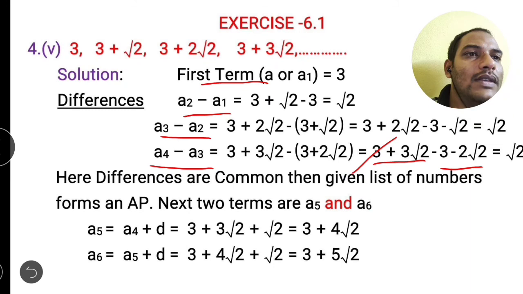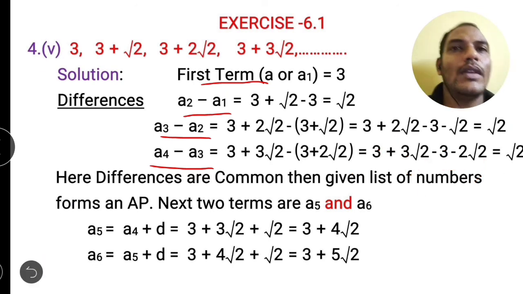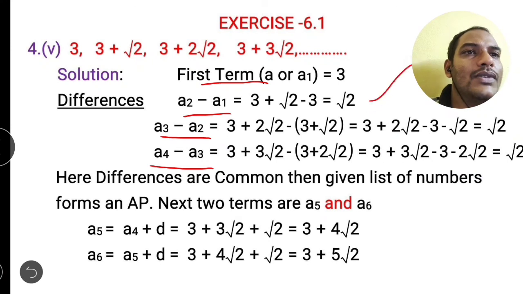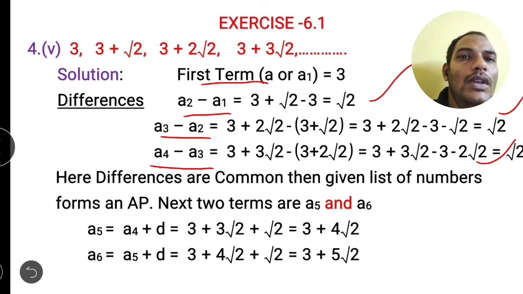Plus 3 and minus 3 cancel. 3 root 2 minus 2 root 2 are like terms, so the result is root 2. Once you observe all the differences, the first difference is root 2, the second is root 2 and the third is root 2. So the differences are common, and the given list of numbers forms an arithmetic progression.